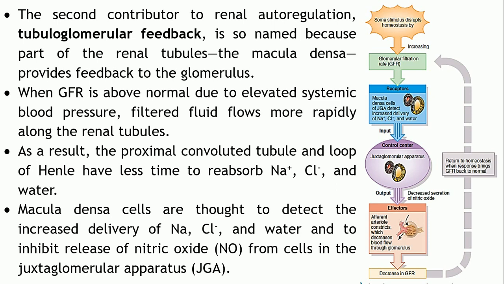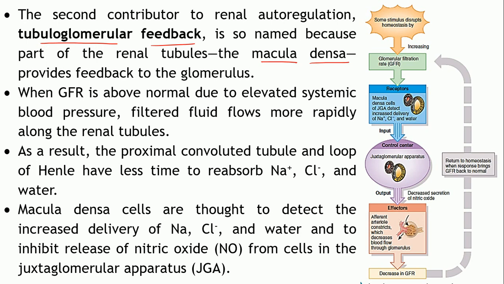Now the second contributor to this autoregulation is tubuloglomerular feedback. Why is it known as tubuloglomerular feedback? That's because here the part of the renal tubules, that is the macula densa, provides the feedback.